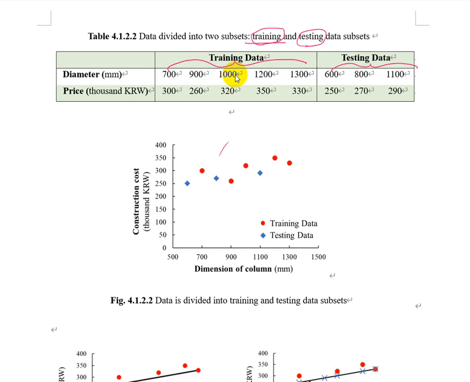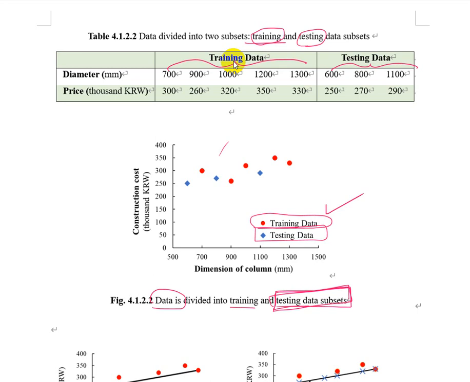If you see over here, the red dots represent training data, whereas the blue dots represent testing data. So we train based on the red dots and test based on the blue dots to see if your training is performed accurately. This is very important. The data is divided into training and testing so that the neural network will not see the testing data.